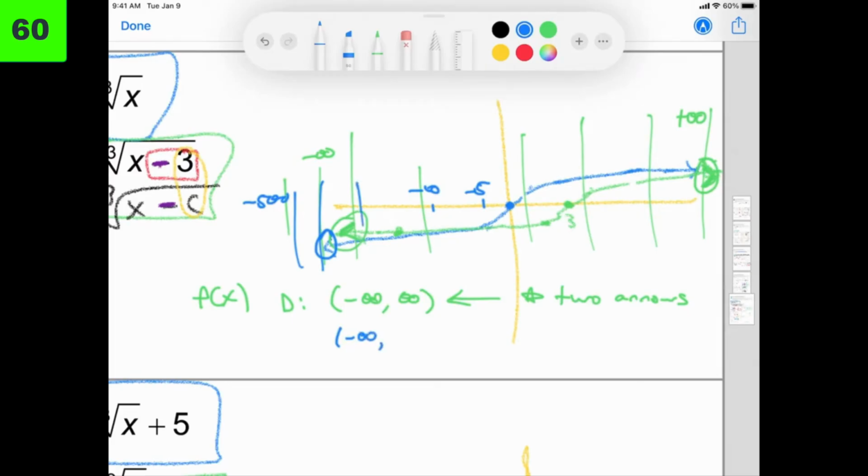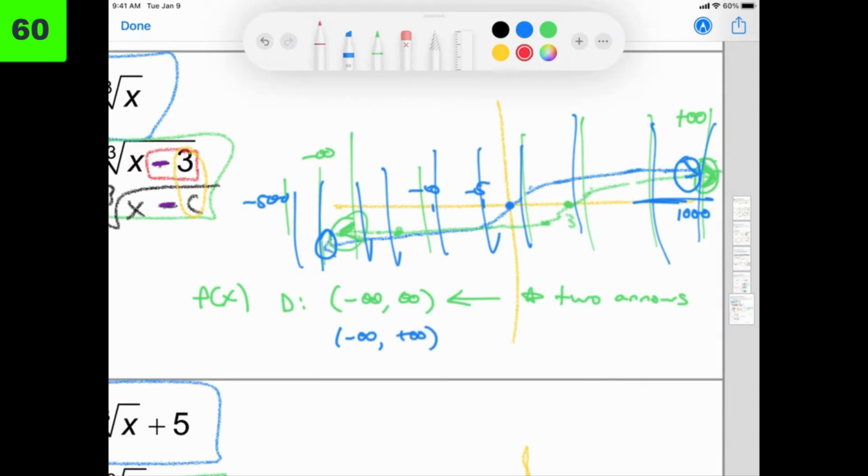And as you go towards the right in blue, for the blue graph as well, that's the same thing. The last thing you touch is this arrow, which is pointing towards really big positive numbers like 1,000, 10,000. So we call that positive infinity. So the transformation actually does not change the domain, but that is your answer for the domain for your second function after the transformation.